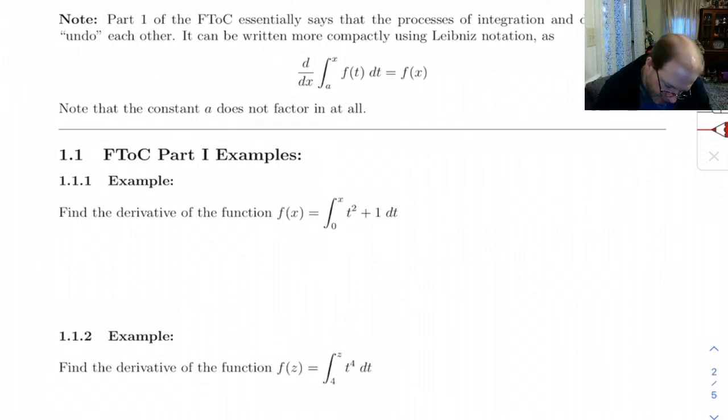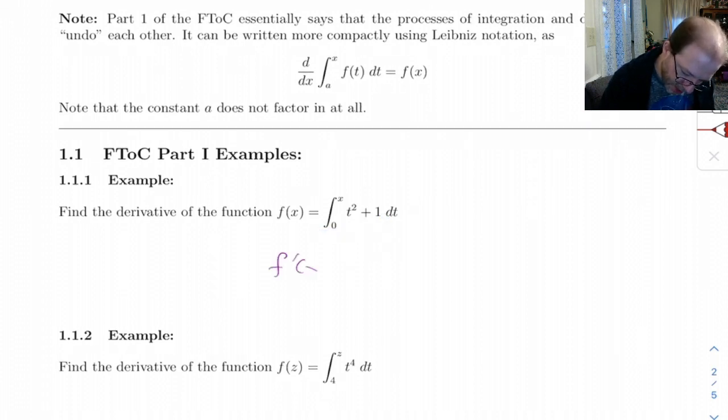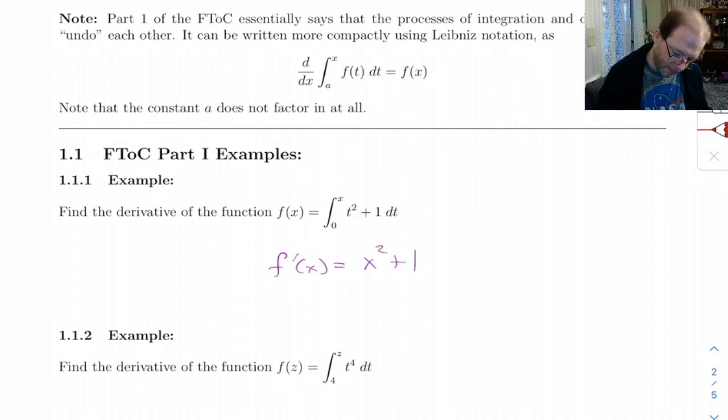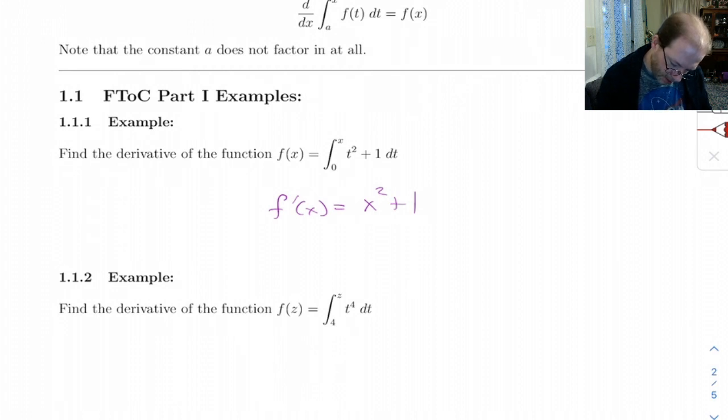This right here says, find the derivative of this function. Well, the derivative of this function, it's the integral of that. So the answer to this is f prime of x is just x squared plus 1. This next one, find the derivative of this function. F of z equals the integral from 4 to z of t to the 4th dt.